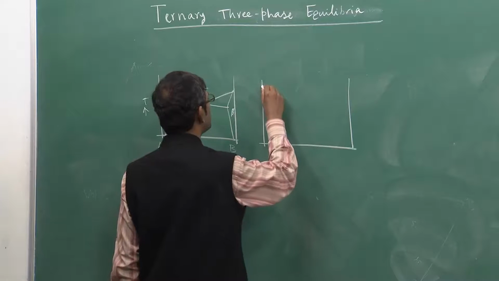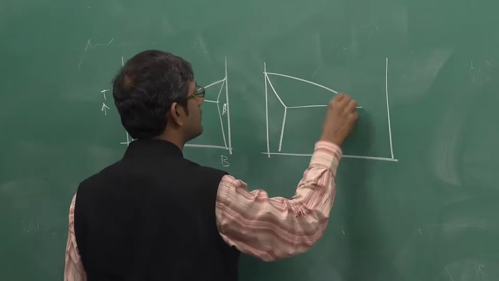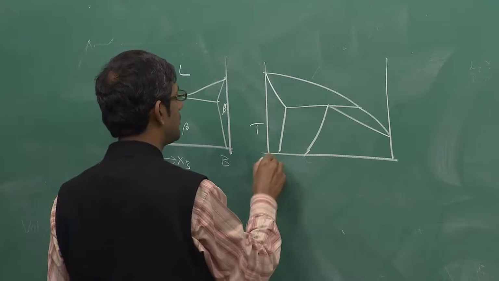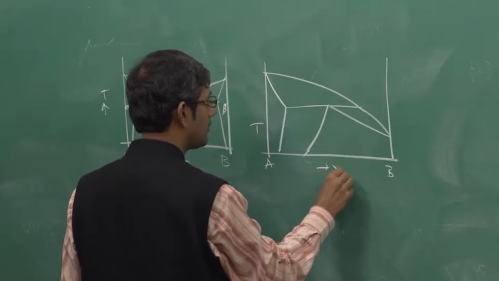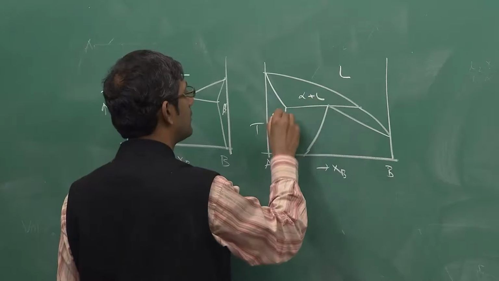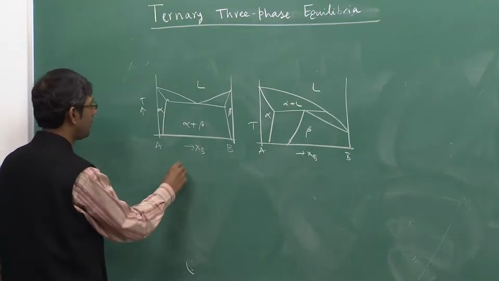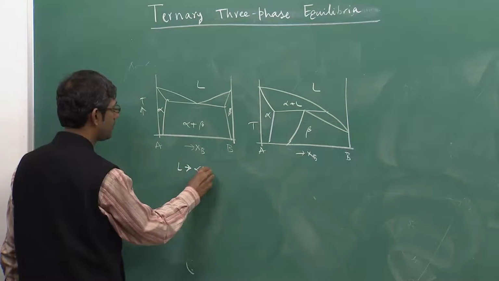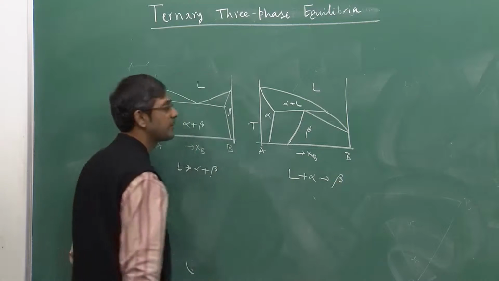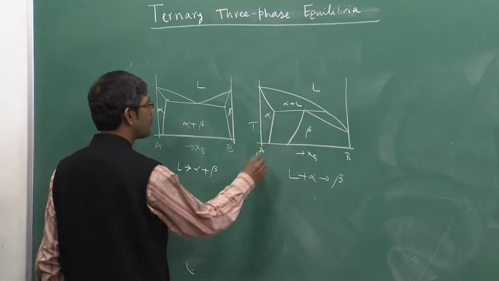For a peritectic, one can actually draw that. In both the cases, the 3 phase equilibrium, liquid going to alpha plus beta here, liquid plus alpha going to beta here, are represented by a horizontal line parallel to the x axis. That is what is done.